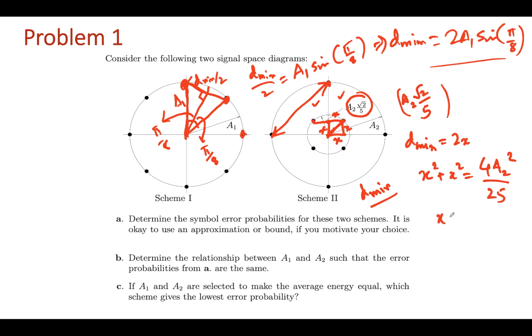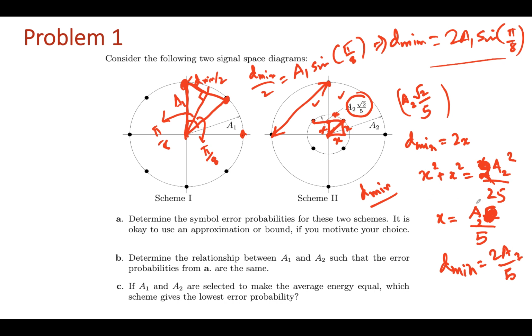So 2x square equals that, and x is basically a2 by 5. So then your d mean is twice of a2 by 5 for scheme 2.